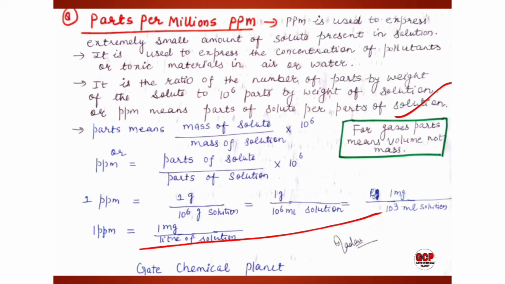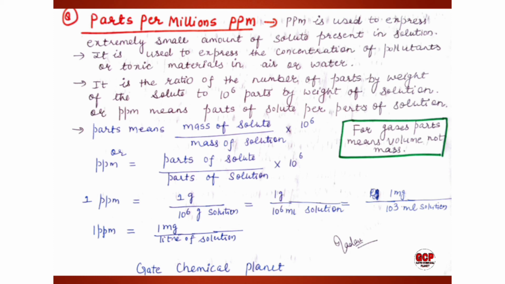Now we will come to parts per million, ppm. Parts per million is basically used to express an extremely small amount of solute present in a solution. So if we have to calculate a small amount of solute present in a solution, then we will calculate parts per million.